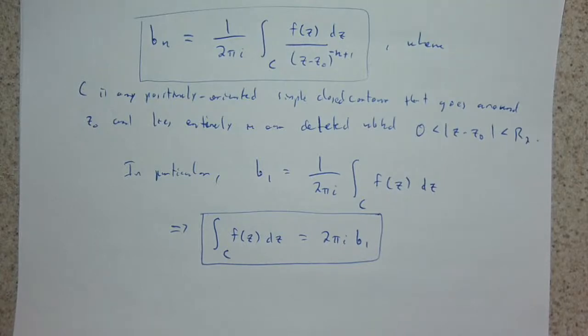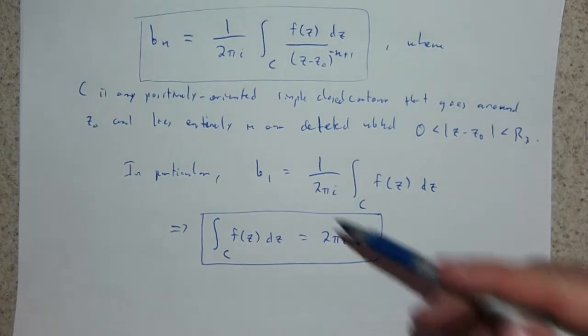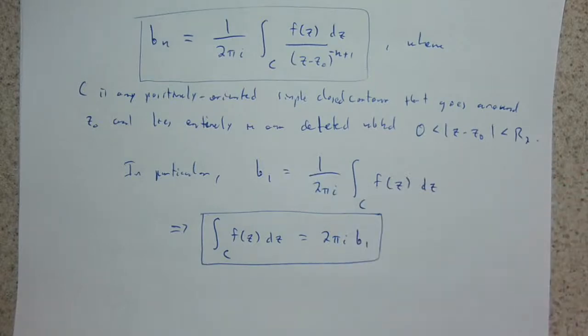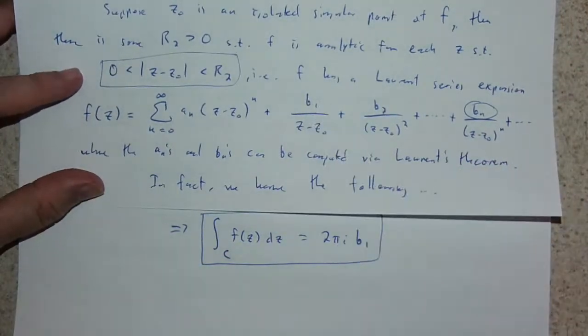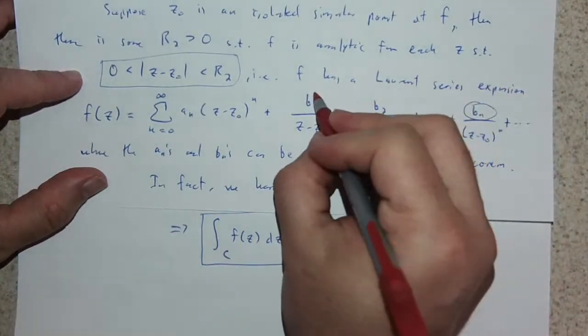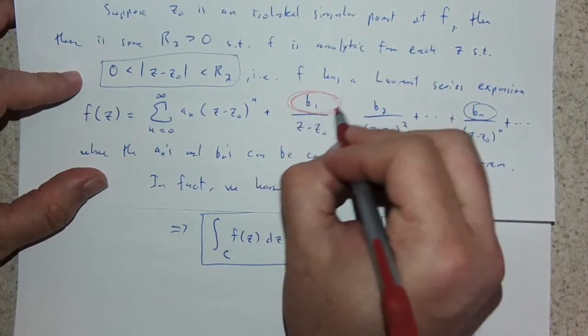And this is just directly from Laurent's theorem. Okay. So this coefficient b sub 1 in the Laurent series expansion, this is a special thing.